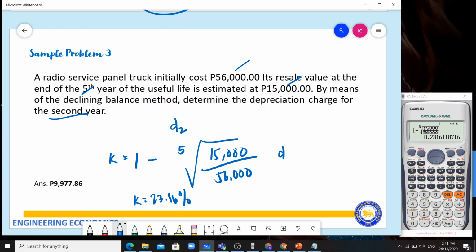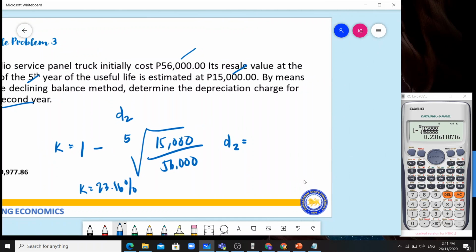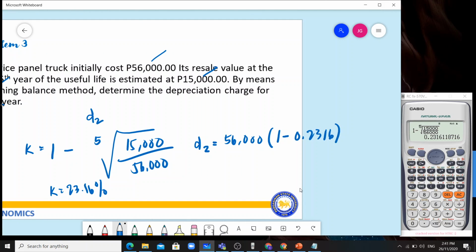And to get D2, or the depreciation at the second year, that is equivalent to first cost, 56,000 times (1 minus 0.2316) raised to how many years? 2, or 2 minus 1, times 0.2316.